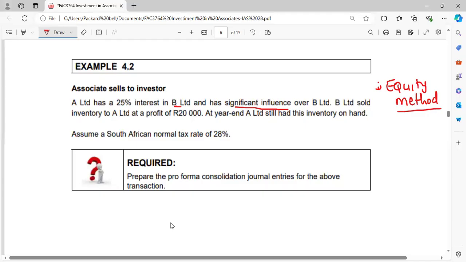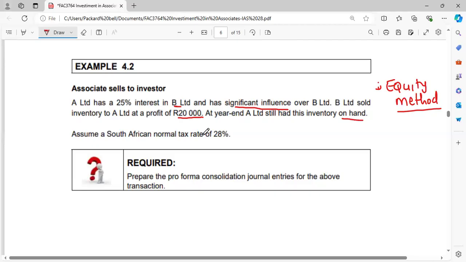Right, so they say B Limited sold inventory to A Limited at a profit of 20,000. At year end, A Limited still had this inventory on hand. Right, this is the associate who sold to the investor.